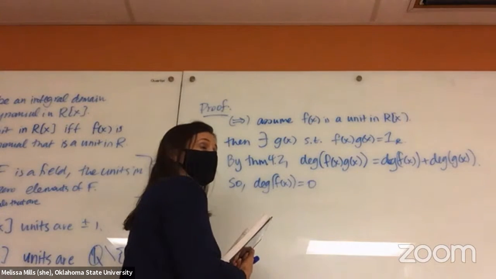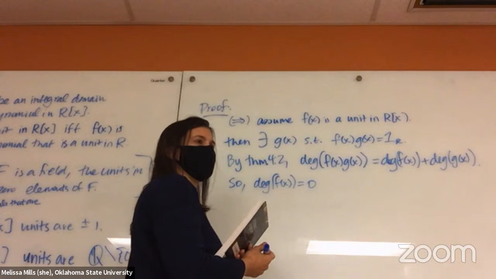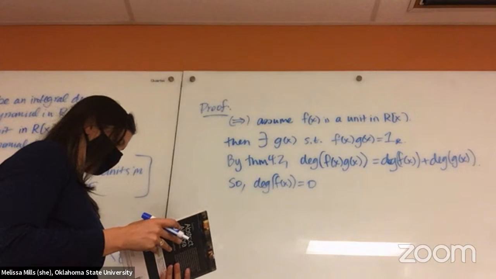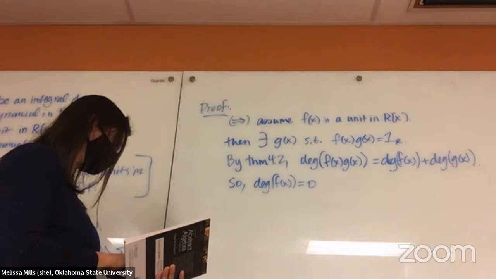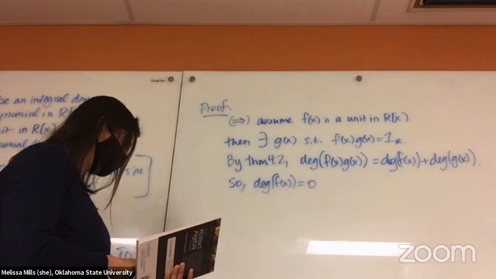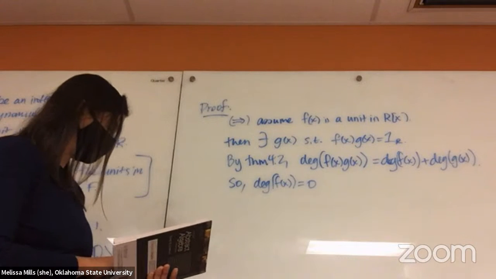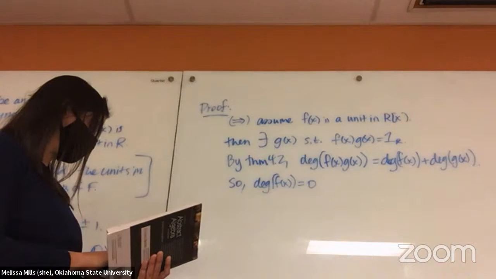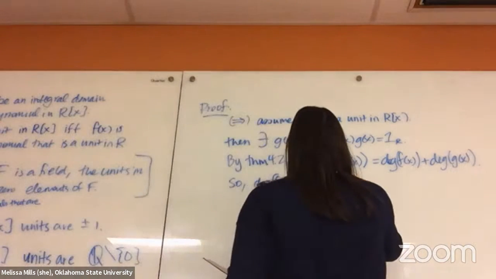We can't have a negative degree; the degree has to be a non-negative integer. So since degrees of polynomials are non-negative, the degree of f is 0 and the degree of g is 0. Therefore, f and g are constant polynomials, that is, constant in the ring.